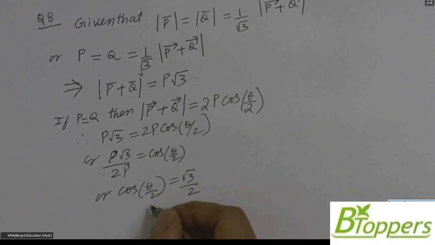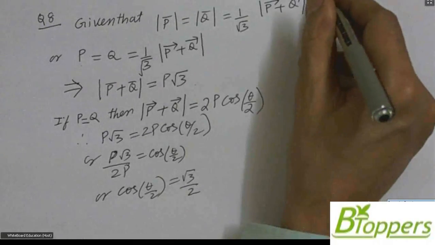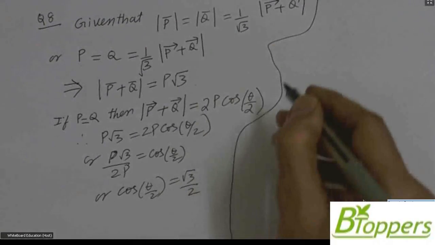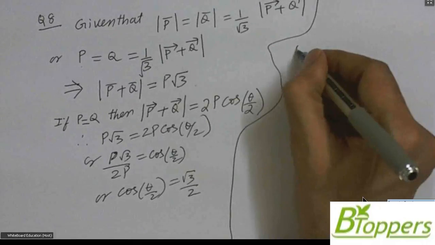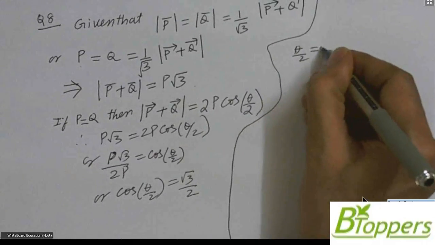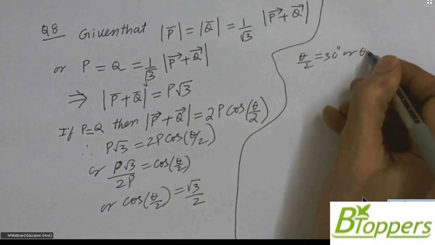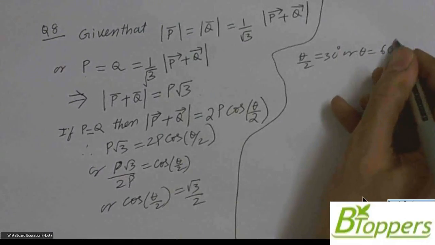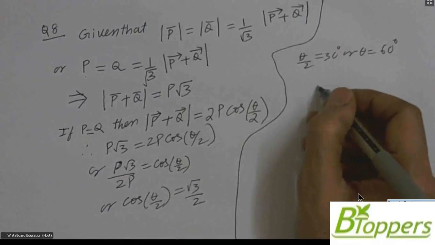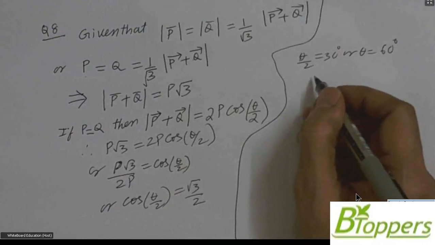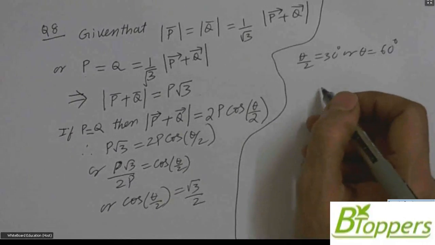Therefore, theta by 2 equal to 30 degrees. Or theta equal to 60 degrees. That means the angle between P bar and Q bar is 60 degrees.